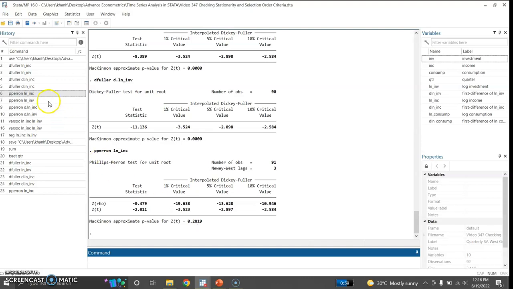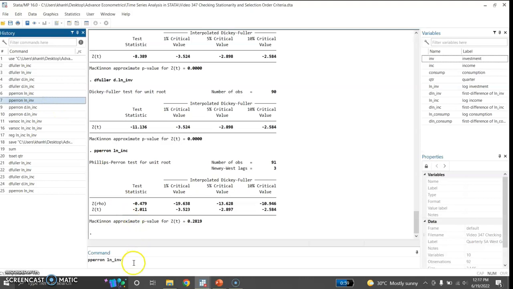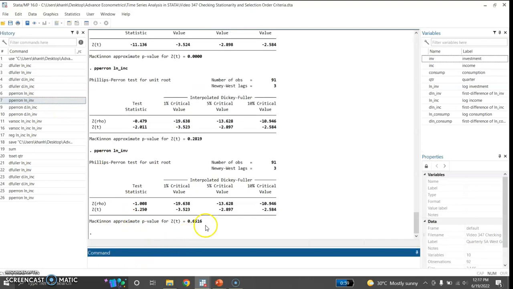We can also check this for log of investment, and this p-value, which is 0.65, is greater than 0.05. So on the basis of this p-value, we conclude that the natural log of investment has a unit root, it is non-stationary based on Phillips-Perron test.